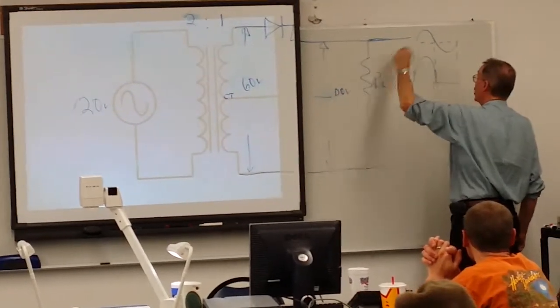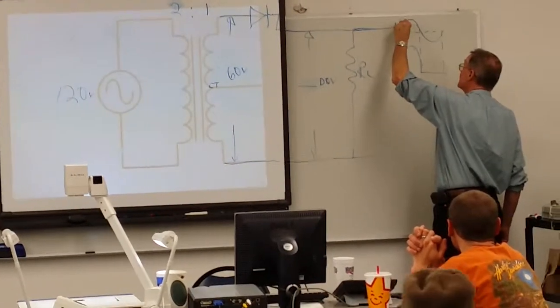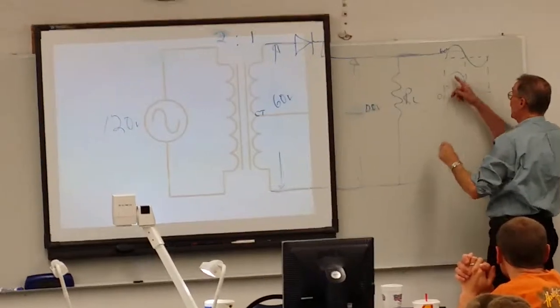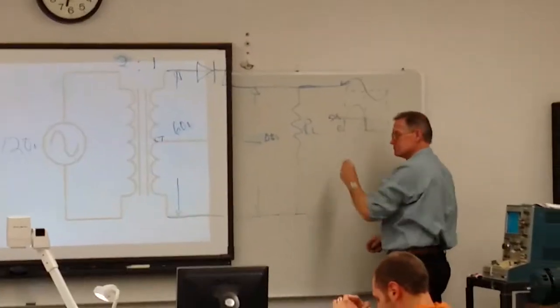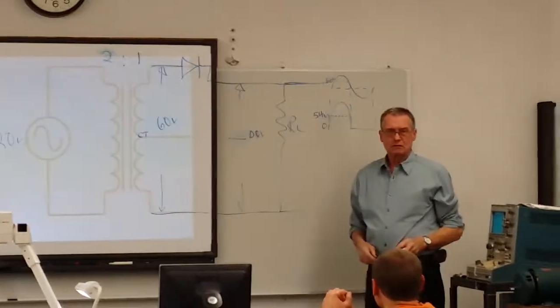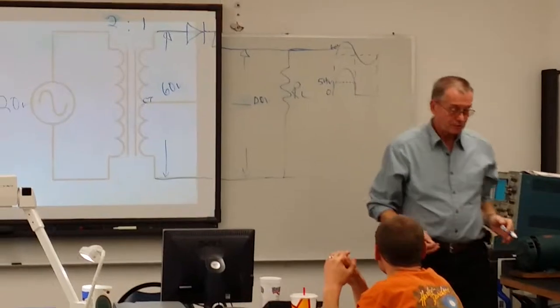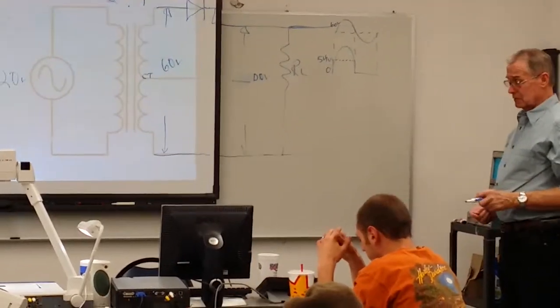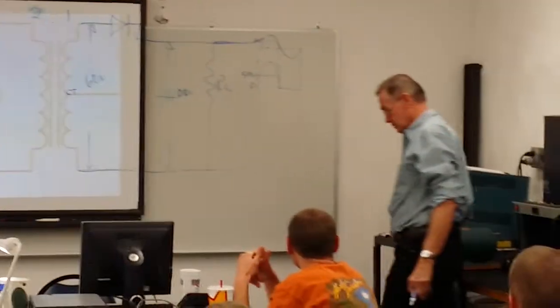I know this wave has an RMS of 60. Since this is DC, I want the average, and this average would be 54. 90% of 60. Six times nine is 54, 90%.